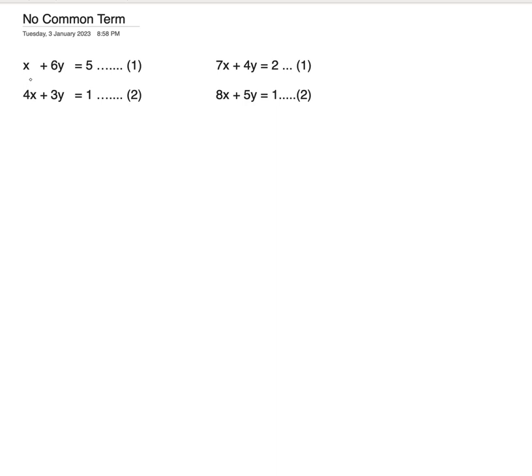But 4 is a bigger number. It is better to multiply by a smaller number, and that is 2. So we multiply the equation 2 by 2.